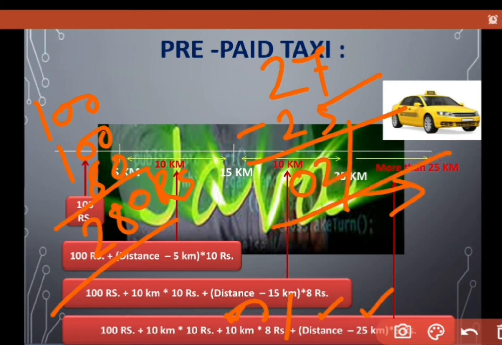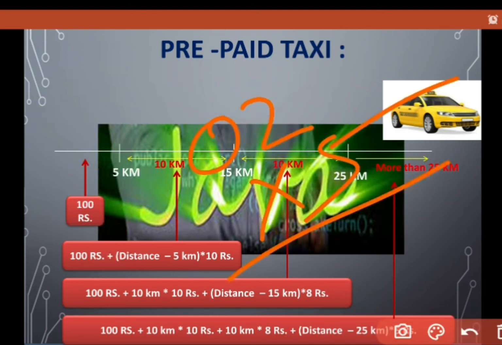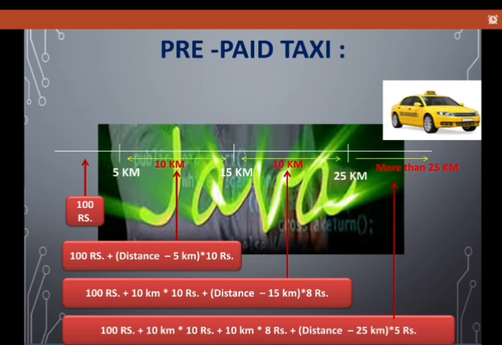I have to pay only for 2 kilometers. Now what do I have to pay? 5 rupees. That's it. Means 2 kilometers into 5 is remaining to pay. In this way you have to calculate. That's why I'd written it.